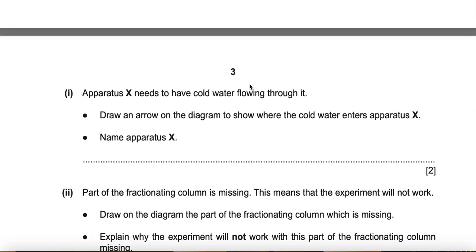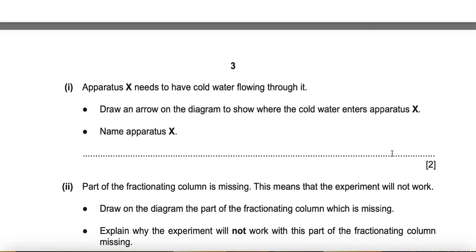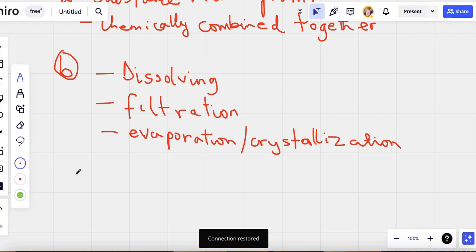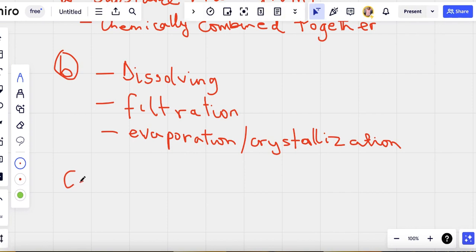So that's the first one. Name apparatus X. It's 1 mark. Apparatus X is a condenser, right? So we say C Roman figure 1: apparatus X is a condenser.